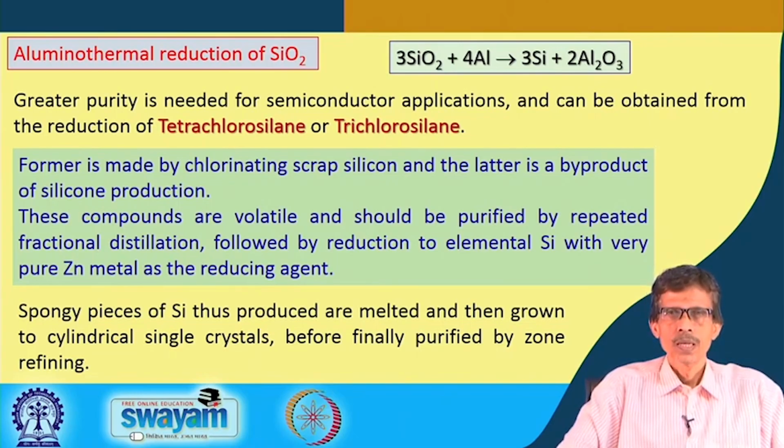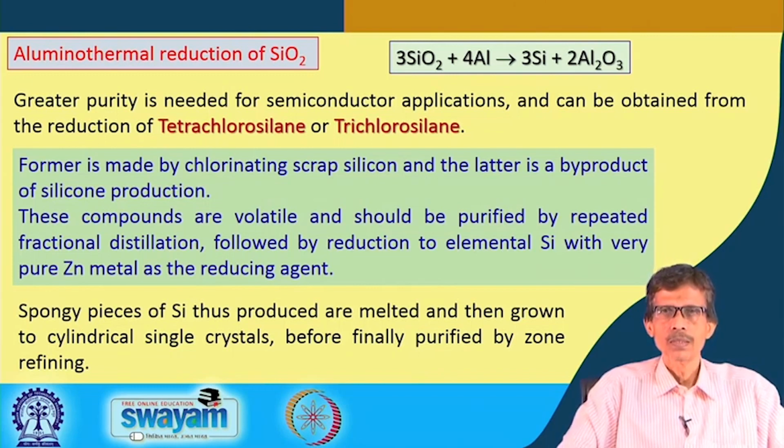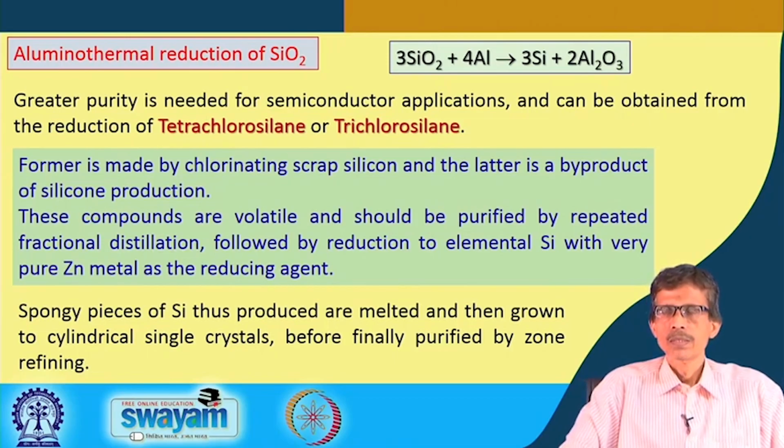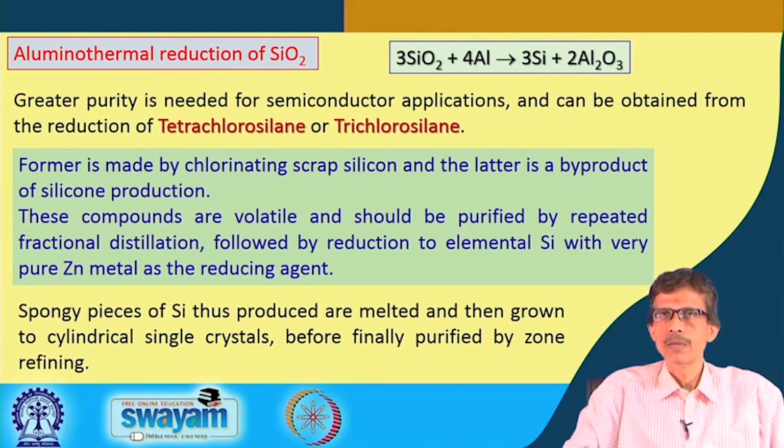And then we are still not happy that we will be getting a very high purity of silicon. To get very high purity, suppose we consider 99.99, sometimes we can go up to 99.999. You see the 10 times improvement of the purity, and the cost may be 20 or 30 times higher.